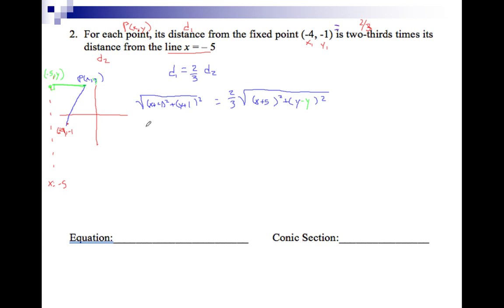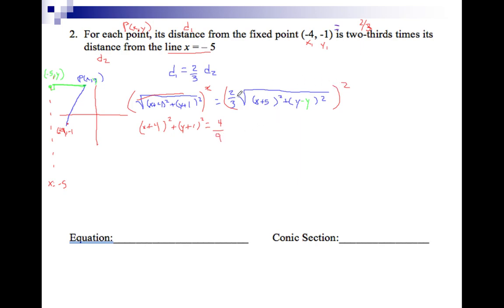So now let's just do our algebra. You ready? I'm going to square this side, and I'm going to square this side. Squares undo, that whole thing is in a square root, so I just have (x plus 4) squared and (y plus 1) squared is equal to not 2/3, 4/9, right?